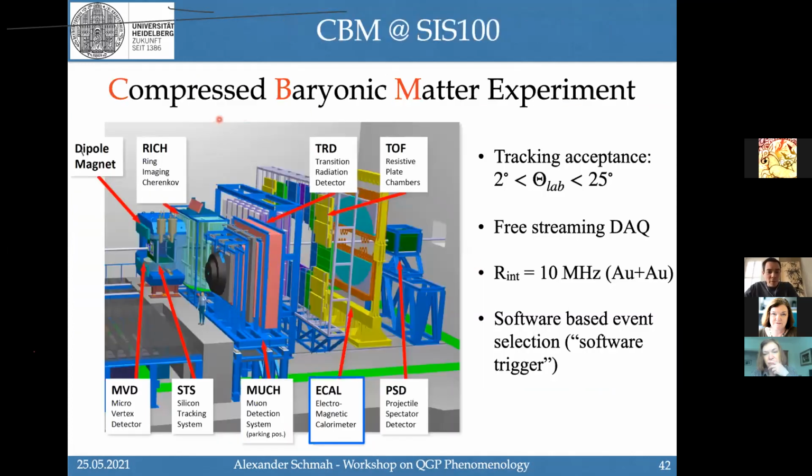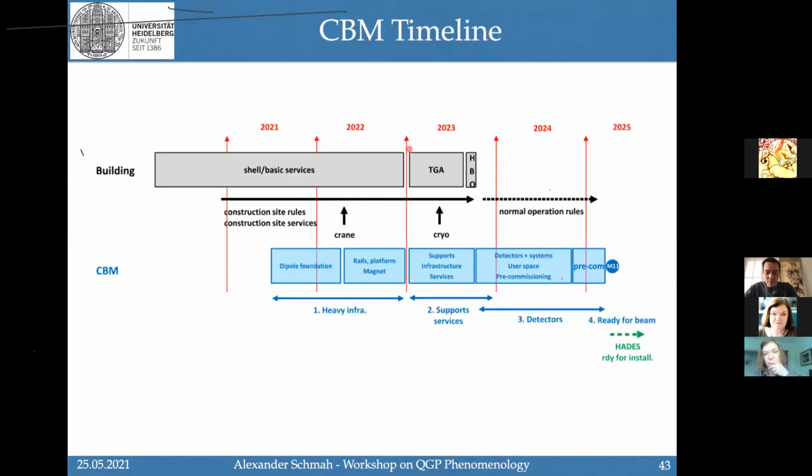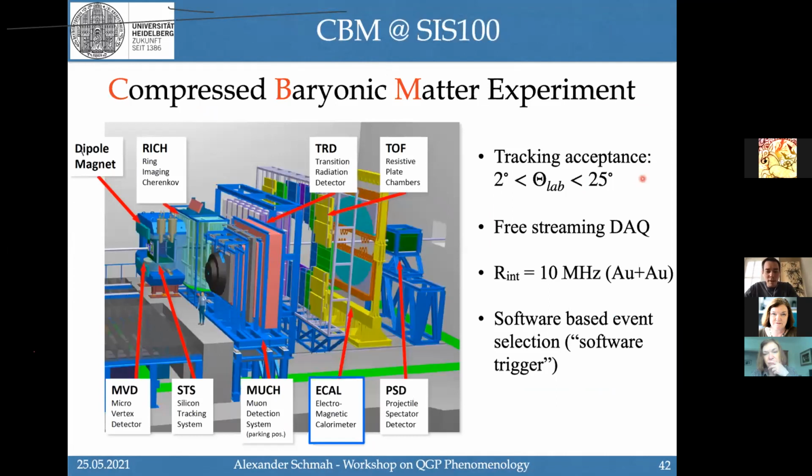So the CBM experiment at SIS100 is also under construction. It stands for Compressed Baryonic Matter experiment. As a main tracking detector, it's using silicon technology here in several layers, surrounded by a magnet, and then several layers of various detectors I already mentioned for previous experiments.